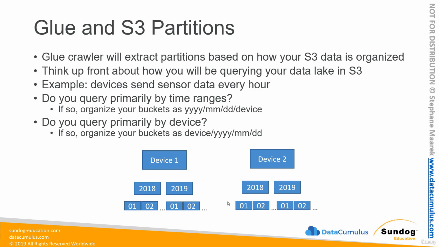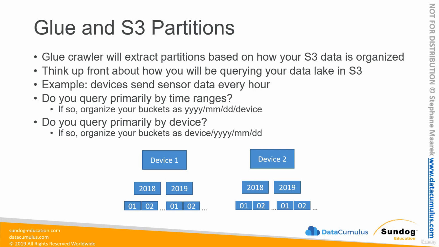So for example, let's imagine that you have devices sending sensor data into your data lake every hour, just dumping raw data into S3. Think about how you are going to use that data. Are you querying primarily by time ranges? If so, then you want to partition based on those time ranges, right? So you'd want to organize your S3 buckets as year, followed by month, followed by date, followed by device.